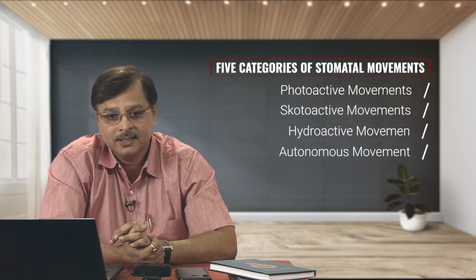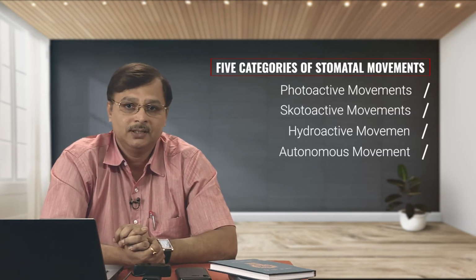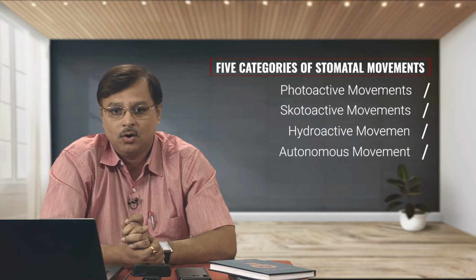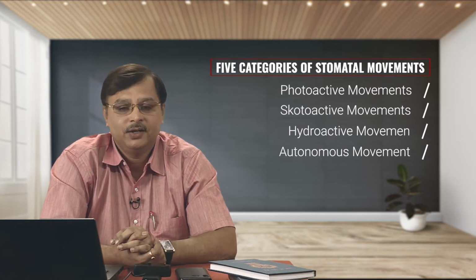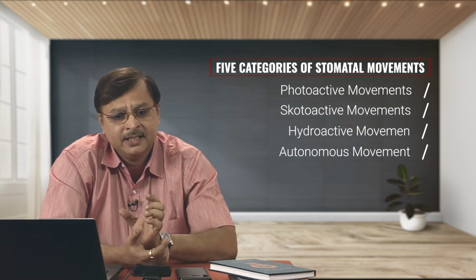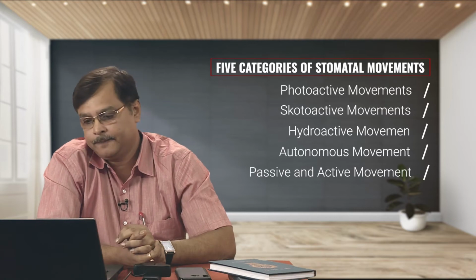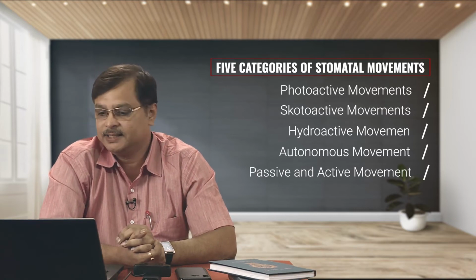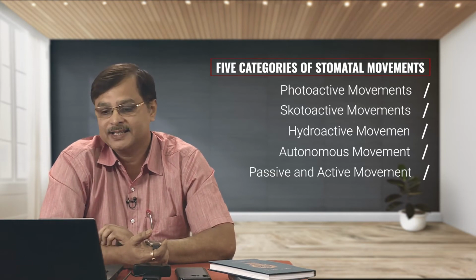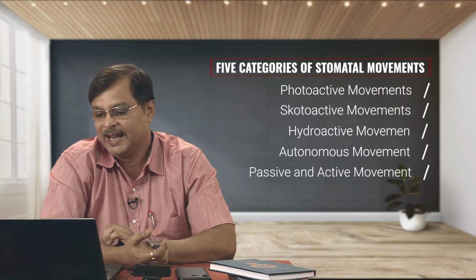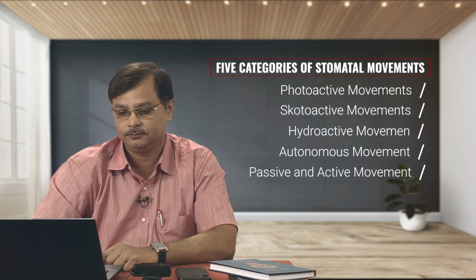In some cases, stomata show a rhythmic movement, that is, they open for 15 or 20 minutes and after that they close and again open after an interval of time. Passive and active movement. Opening of stomata is considered an active process while closing is a passive process, and this is caused by the turgor change in the guard cell.